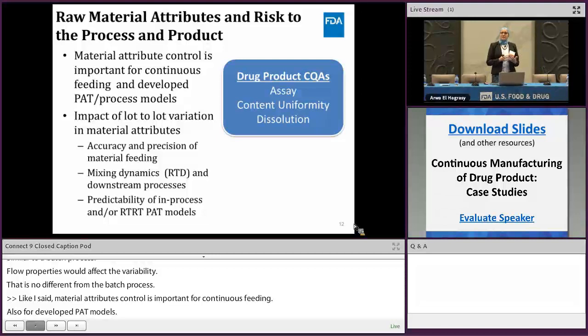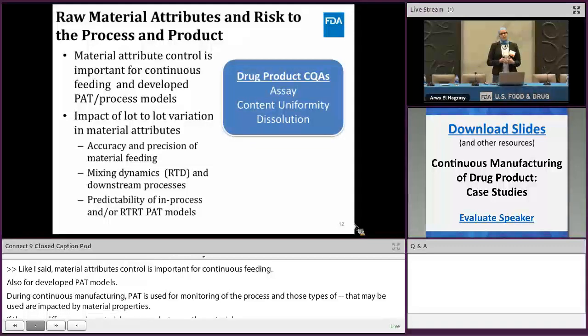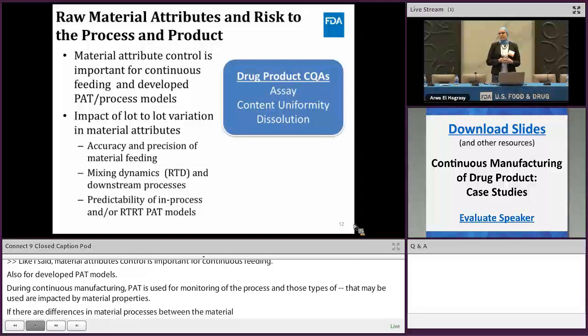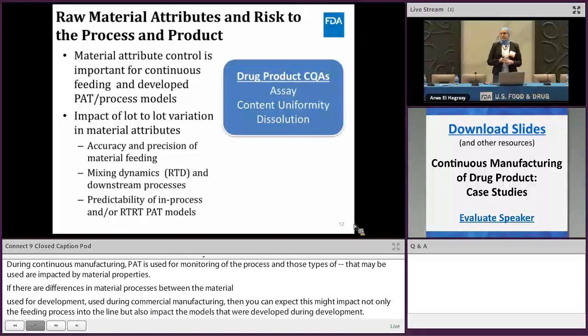So if there are differences in material properties between the material that was used for development, for example, versus those that are used during commercial manufacturing, then you could expect that this might impact not only the feeding process into the line, but also could impact those models that were developed during development. And the predictability of these models could be compromised. So when developing those models, you also need to take material properties into consideration.